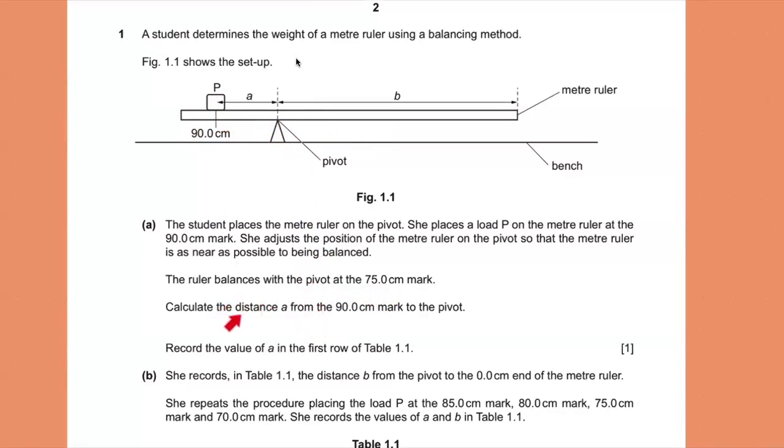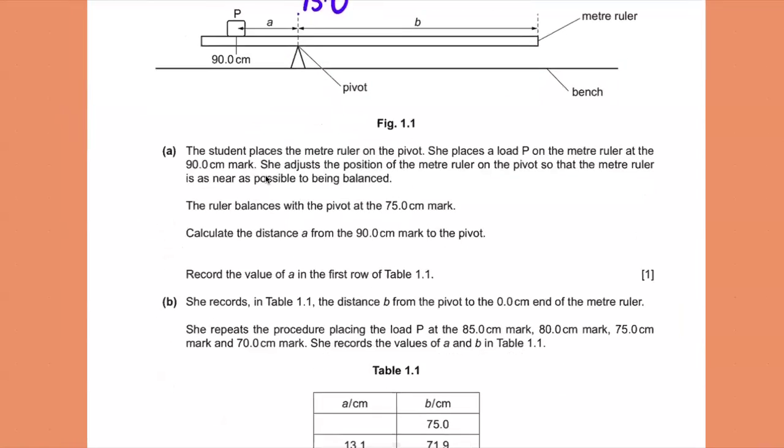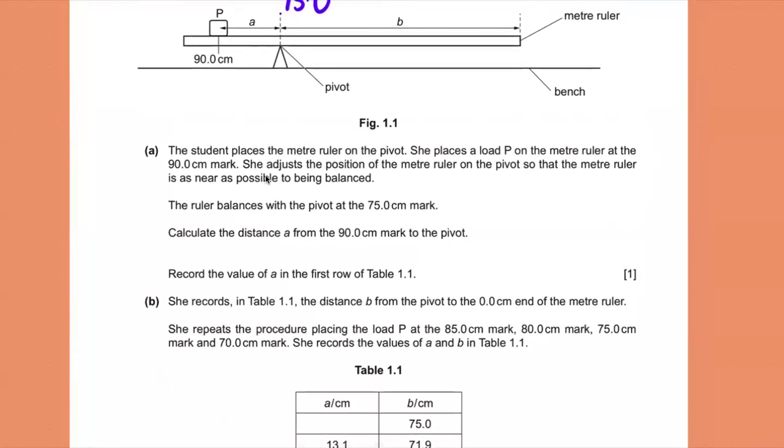It first says to calculate the distance A from the 90 cm mark to the pivot. So this is 90, this is 75. Subtracting the two, I get my value of A, and this is supposed to be recorded in a table. The ruler balances with the pivot at the 75 cm mark, so this is 75, and we are talking about A here, from the 90 cm mark to the pivot.